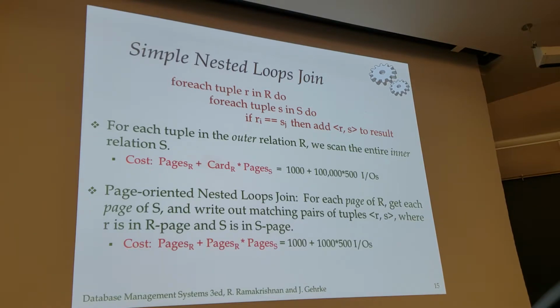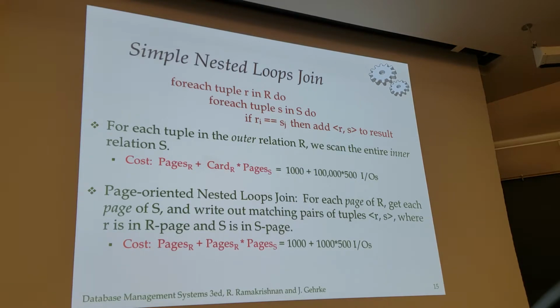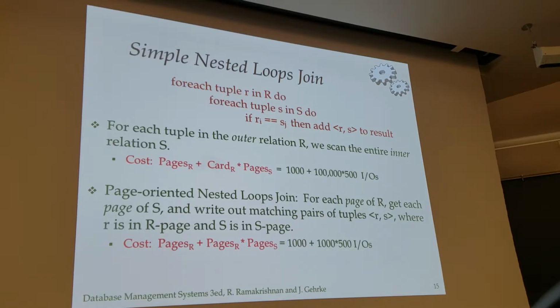And the cost of that, you're going to go through all the pages of R, again, just as we did before, but now for every page in R, you're looking at all the tuples on that one page and looking at their matches one by one at the pages of S. Page of R, page of S. Same page of R, next page of S. Same page of R, next page of S, until you get to the end.